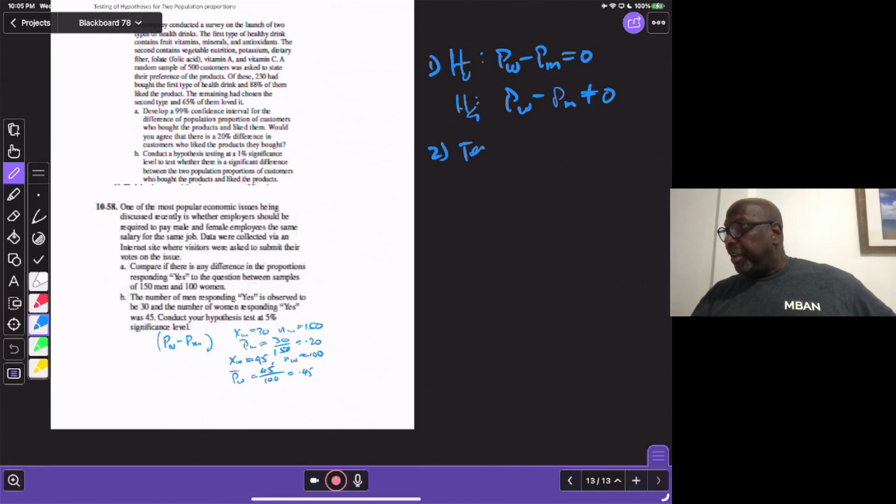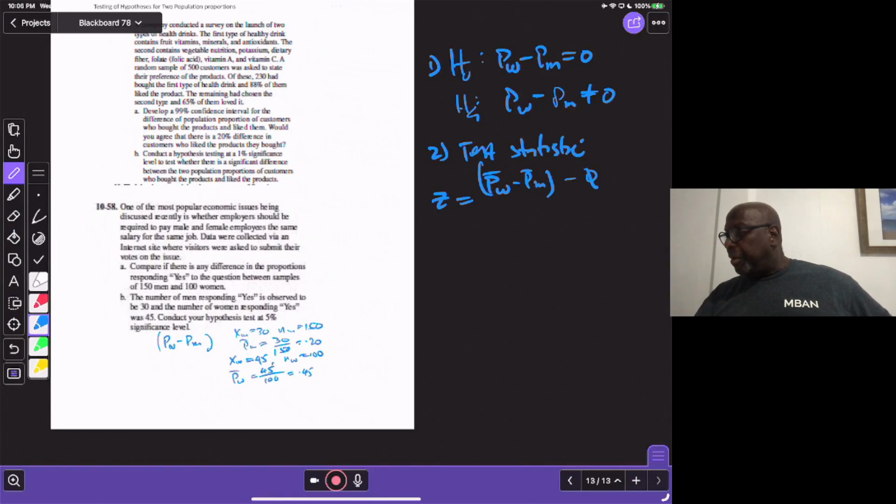Step 2, the test statistic. The test statistic would be, in this case, Z is equal to P bar women minus P bar men minus 0.